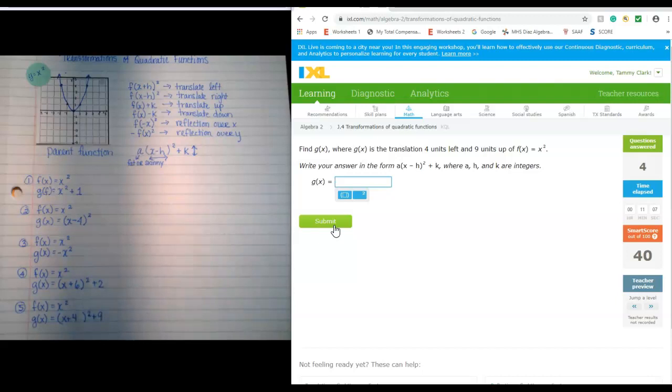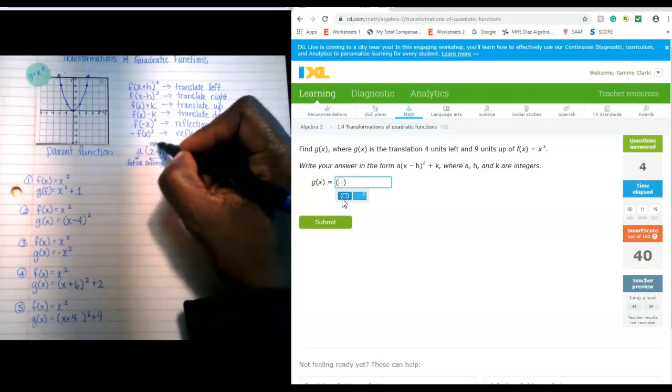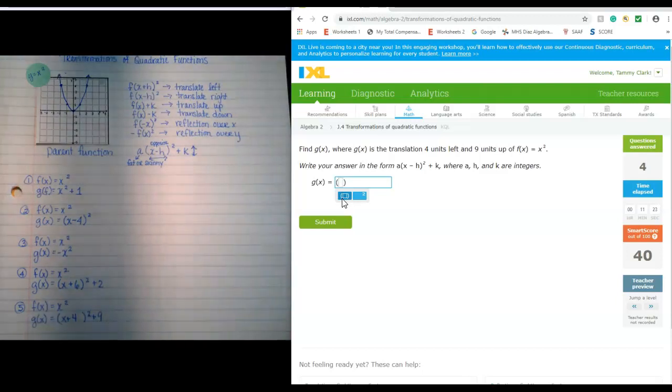Now, if you notice, anything that's up or down, we write exactly what it says. So going up is plus, going down is minus. It's only opposite, and I'll put that note here, opposite inside the parentheses. So we have x plus 4. Don't forget your exponent of 2 to notate that this is a quadratic function, plus 9.